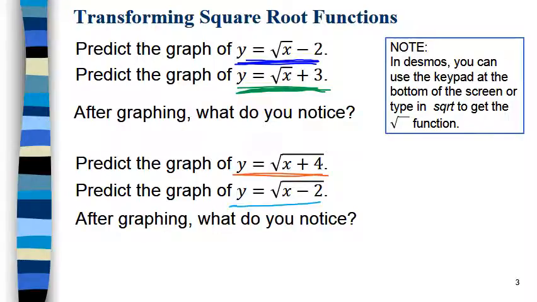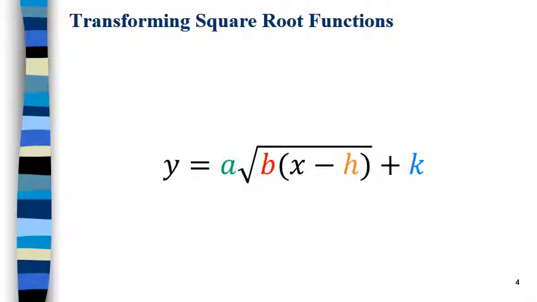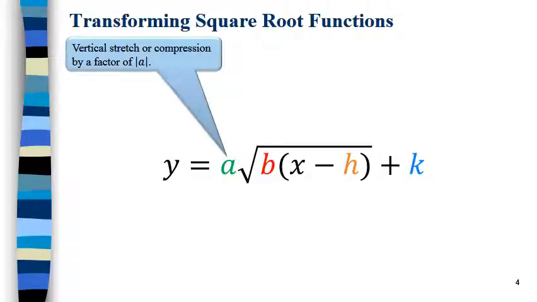Okay, so in general, when we're transforming square root functions, we're still going to talk about transformations in terms of a, b, h, and k. Remember that a is going to be that vertical stretch when a is greater than 1, and it's a compression when a is between 0 and 1.